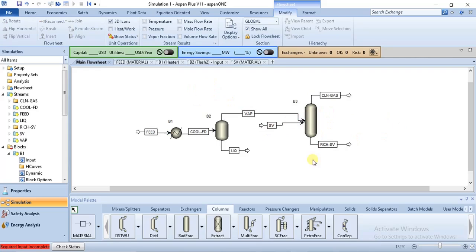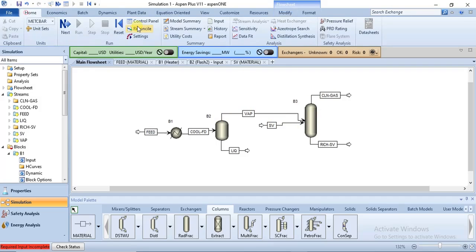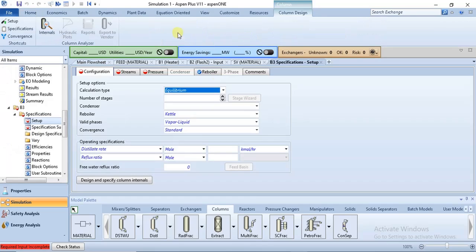Then the next thing to do is to specify the absorber itself. The inlets have already been specified, both the vapor outlet and the solvent. So what we need to do now is to specify the absorber itself. You can click on next if you want, and it takes you into the absorber directly, or you can double click on the absorber itself, right?